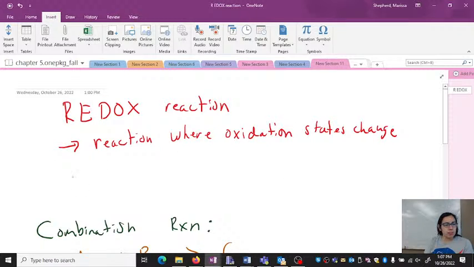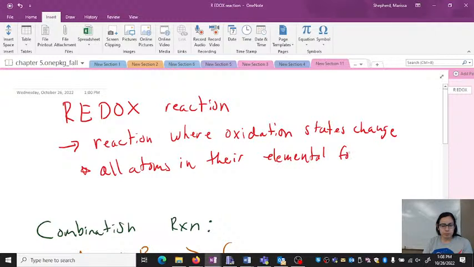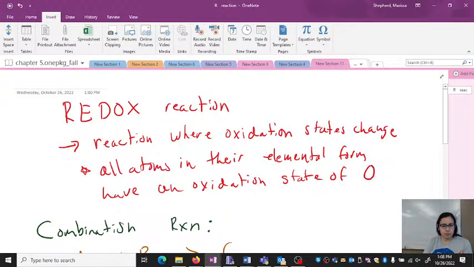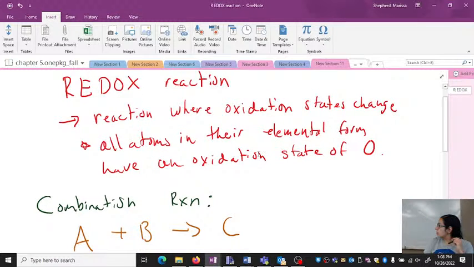And then the second half that we need to know to determine if there's a change or not is, all atoms in their elemental form have an oxidation state of 0. That's just telling you that's your starting point.